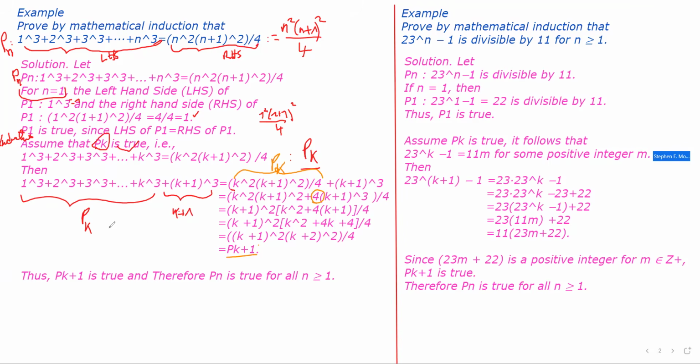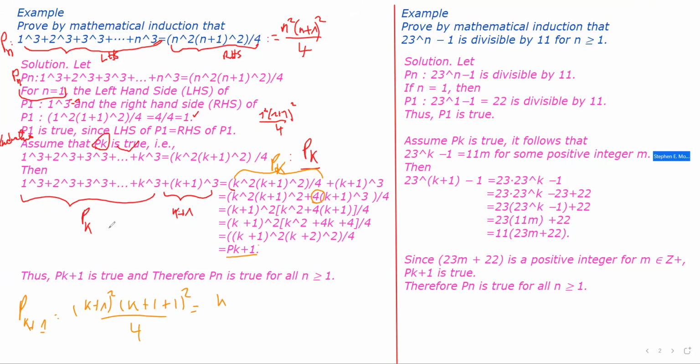Of course, it's easy to just check also the Pk plus 1 value. Basically, take your Pk and then take the right-hand side and then substitute the k plus 1. You do that, then you have k plus 1 squared, then you have k plus 1 plus 1 squared all over 4.